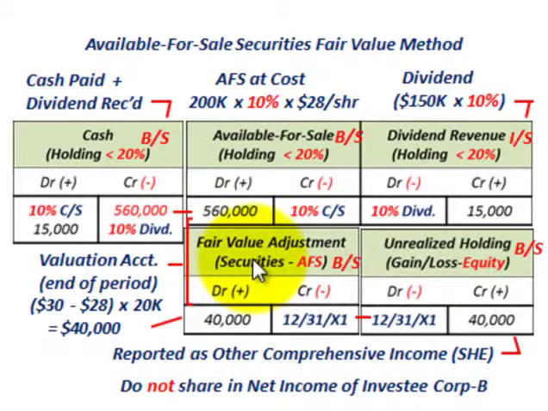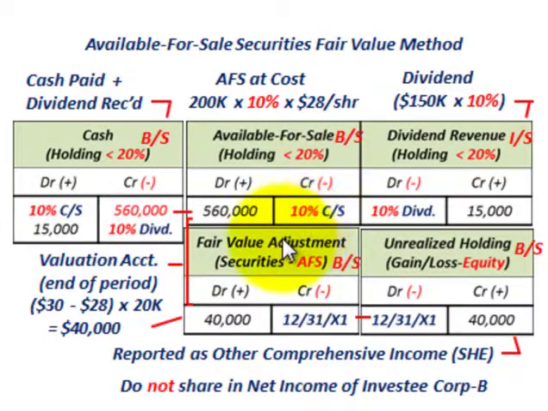It's going to be a valuation account, and in conjunction with it you're going to have some unrealized holding gains and losses as part of equity. We're going to have to deal with the cost of these securities, setting them up at their cost, and then also some dividends that we're going to have to record from the investment in Corporation B, and also we have some net income to deal with.